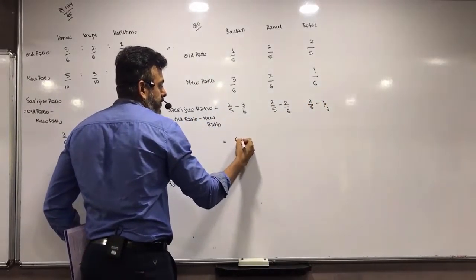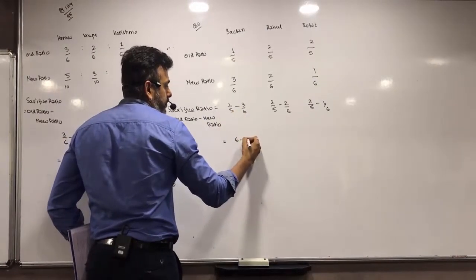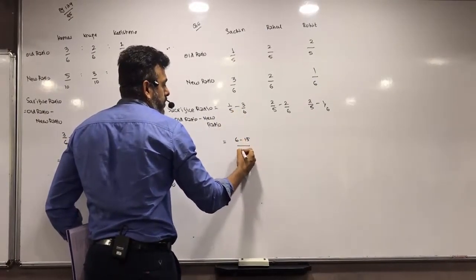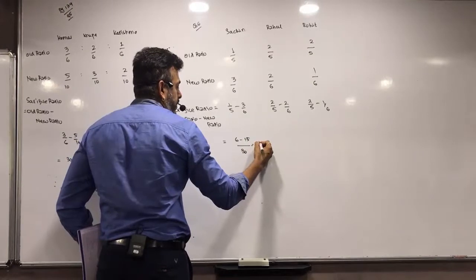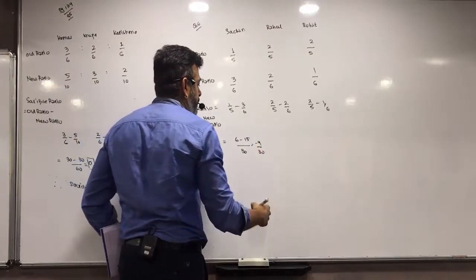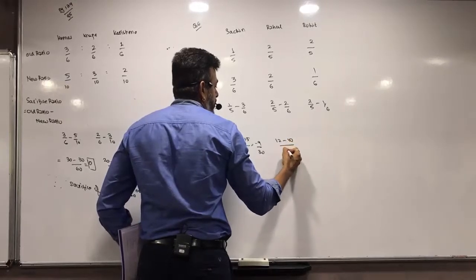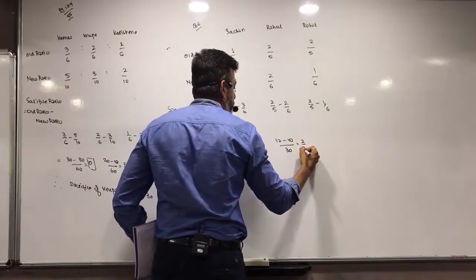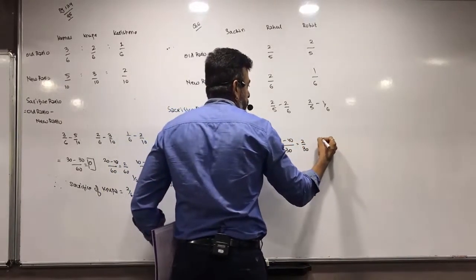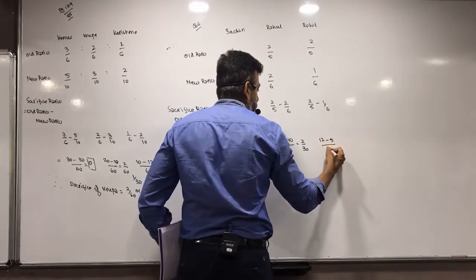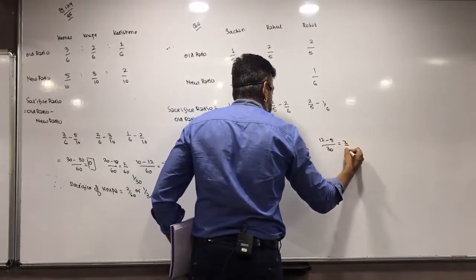Cross multiply: 6 minus 15 upon 30 is minus 9 by 30. 12 minus 10 by 30 is equal to 2 by 30. And 12 minus 5 by 30 is equal to 7 by 30.